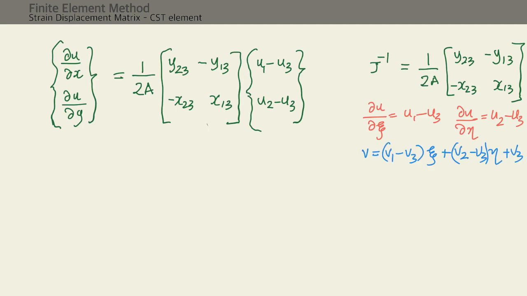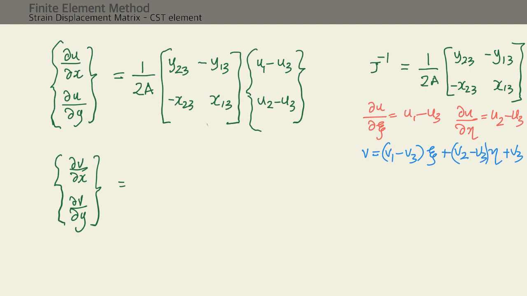We can do a similar procedure to find the other two derivatives, which are ∂v/∂x and ∂v/∂y, by considering this expression also, which is v = (v1 − v3) ψ + (v2 − v3) η + v3.